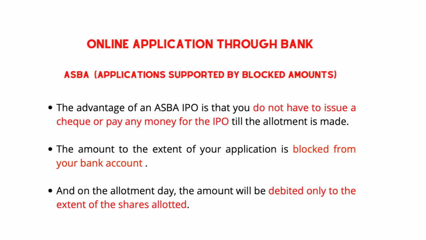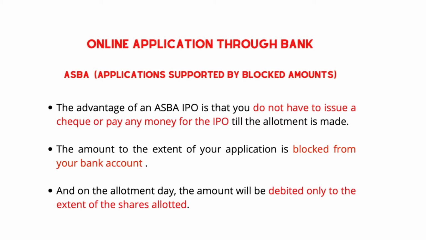As I have already mentioned, there are two online methods through which you can apply for IPO. The first method is through the banks and the second method is through the brokerage firm. Through banks, you can apply for IPO through ASBA, that is application supported by blocked amounts. Through this method, the funds will leave your bank account only when you are allotted with shares.